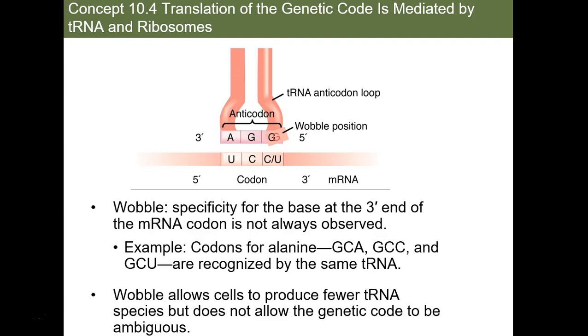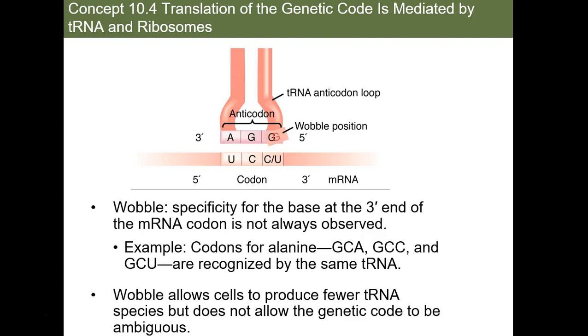tRNAs have what is called a wobble effect, or just wobble for short. This means that the specificity for the base at the 3' end of the codon is not always observed. In other words, codons for alanine, such as GCA, GCC, and GCU, are recognized by the same tRNA.